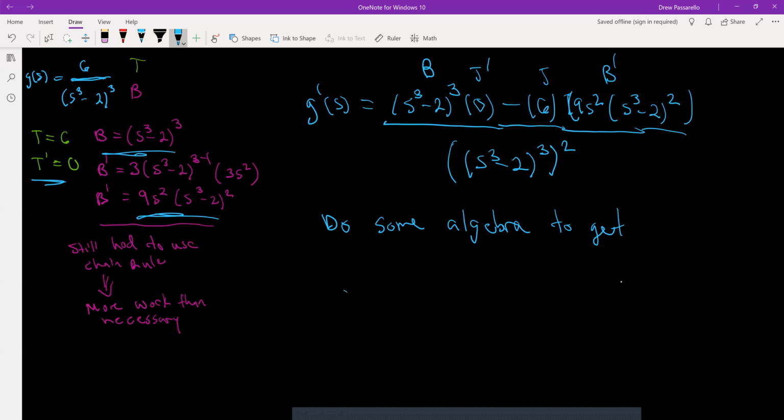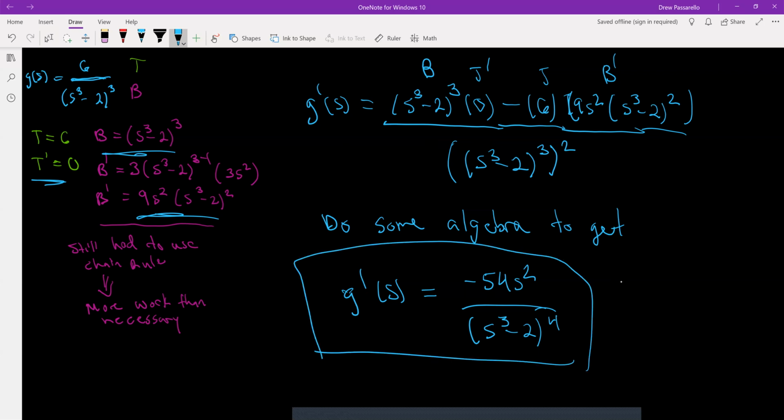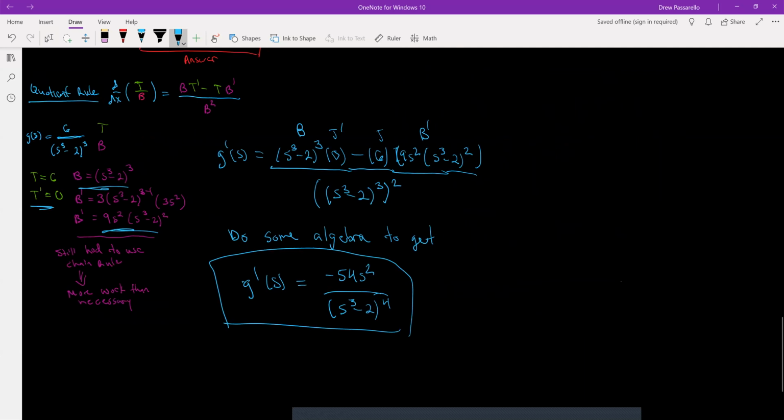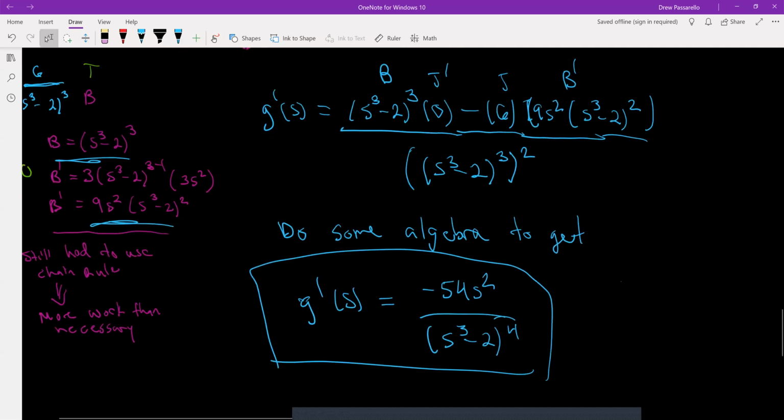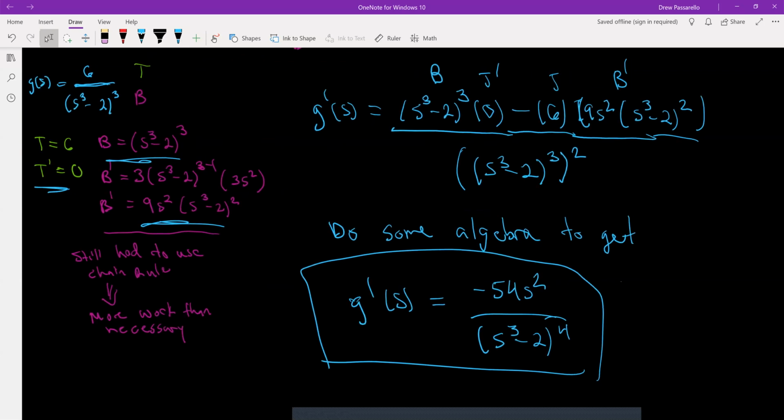And the answer was g prime of s equals negative 54s squared, all of that divided by s cubed minus 2 to the fourth power. So I'm just saying you could technically use the quotient rule since that's a fraction, but notice that even though I do the quotient rule, I still have to use the chain rule for the bottom function since it involves the general power rule, so it's some quantity raised to an exponent.